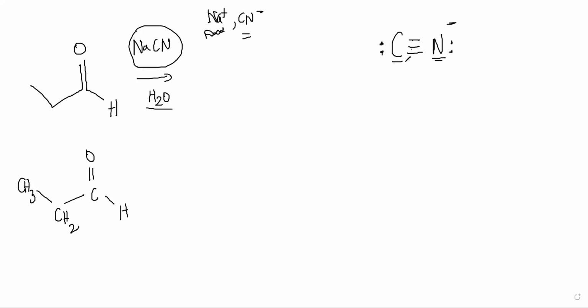Now in CN minus, it is negatively charged, so obviously it will be a nucleophile. It has to be a nucleophile, so it is going to donate electrons. The negative end will donate electrons.